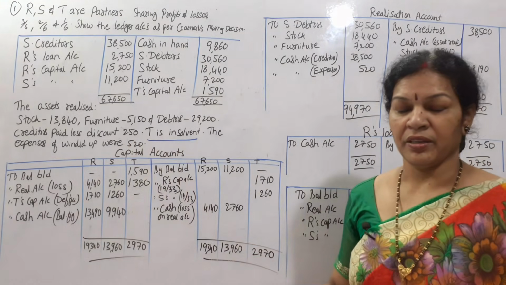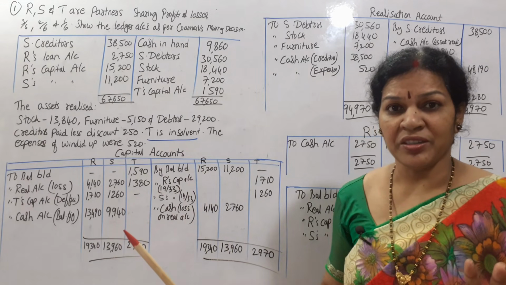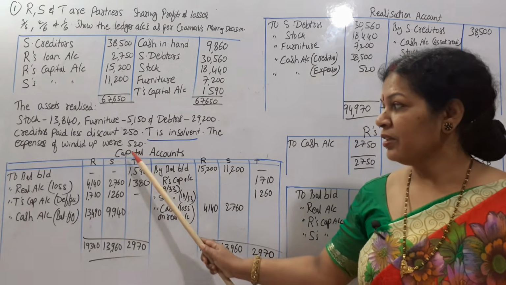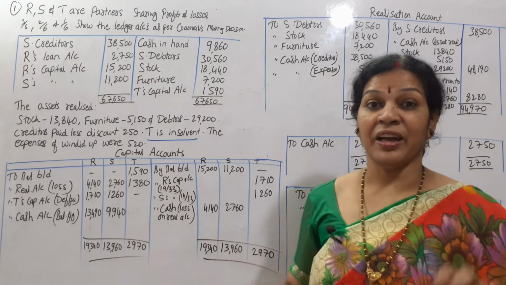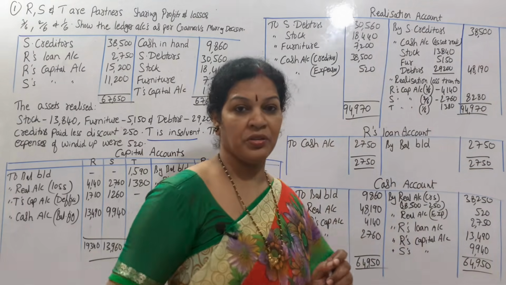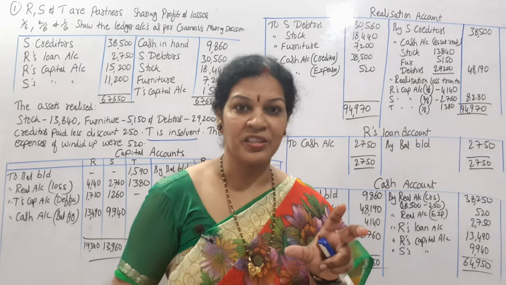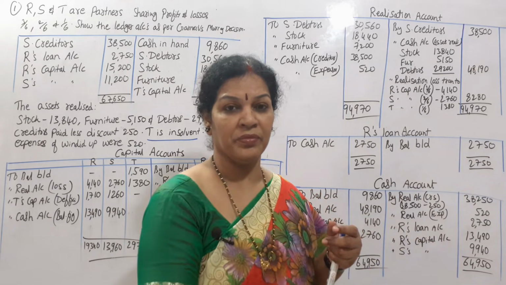I have already done the problem to save time, to make you understand more clearly. Okay, I will just explain this problem. So, realization account, capital accounts you have to prepare. Then after that, cash account. Cash account is a must. Cash account is just like a balance sheet. It has to tally at the end of the problem.